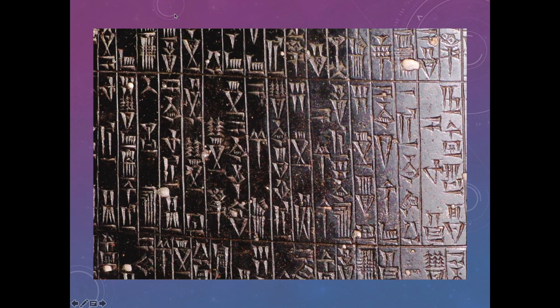This is written in cuneiform. It's in a Semitic language. It's called Eastern Semitic, that is somewhat related to Hebrew. And it is probably the first language that got set down in a writing system.